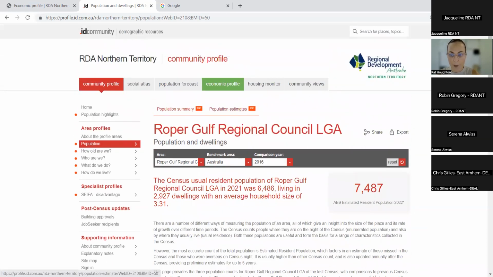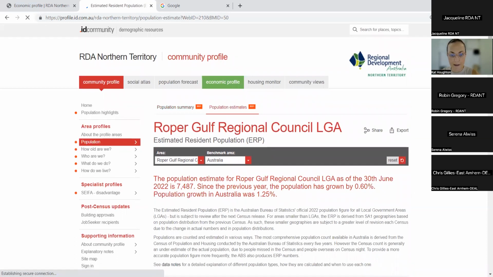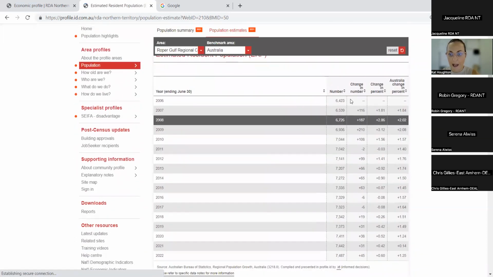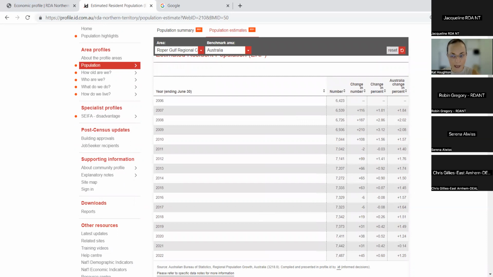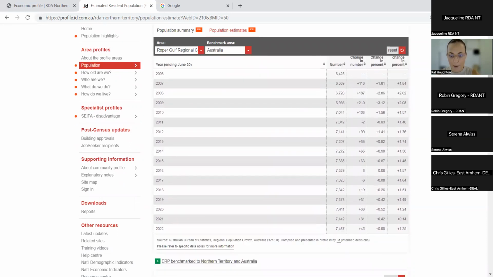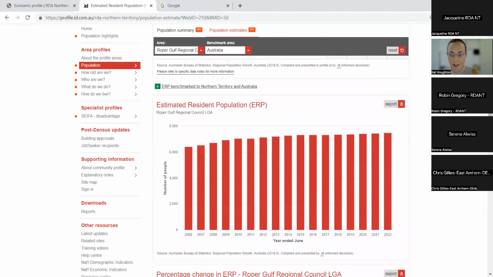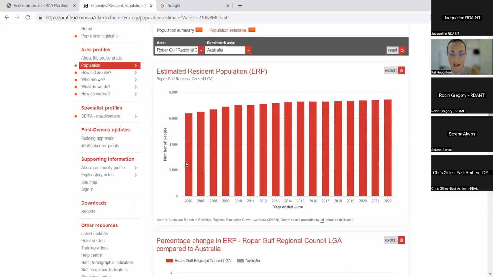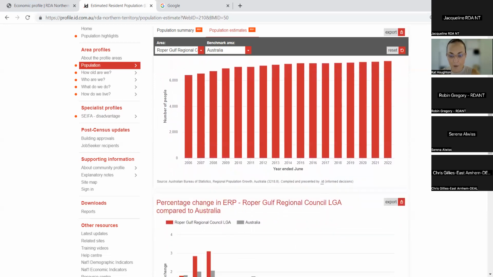Then we go to our population estimates. We always give you the data table and you can export that into Excel or Word, but I mainly live in the charts because I can look at a chart and see what's changing over time. You can see here from 2006 to 2022, we've had relatively steady and sustainable growth in the region.